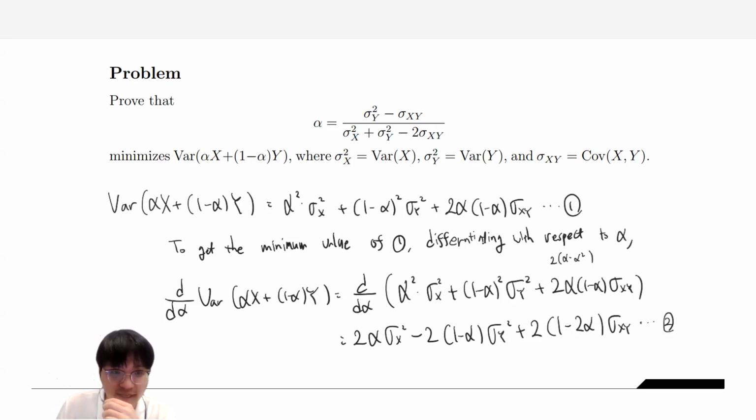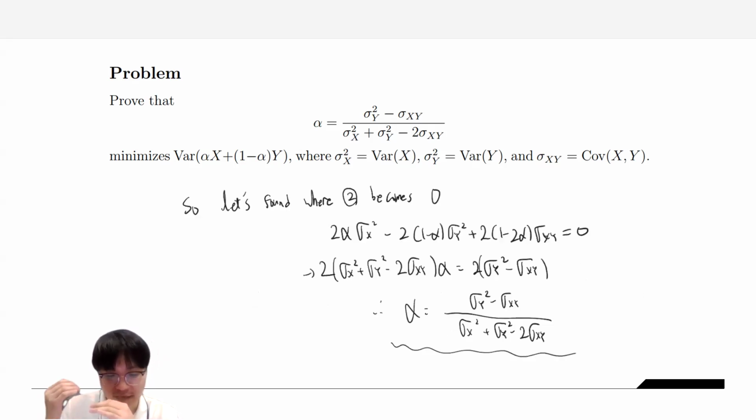So if we differentiate this variance of alpha x plus 1 minus alpha y with respect to alpha, then we can get this kind of form, which is called f prime of alpha.